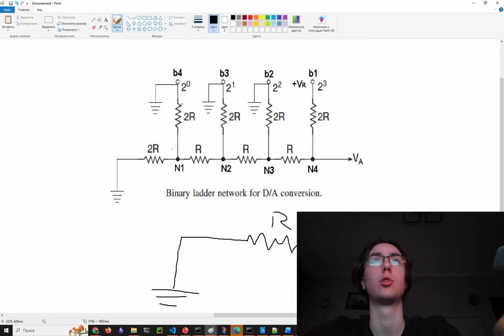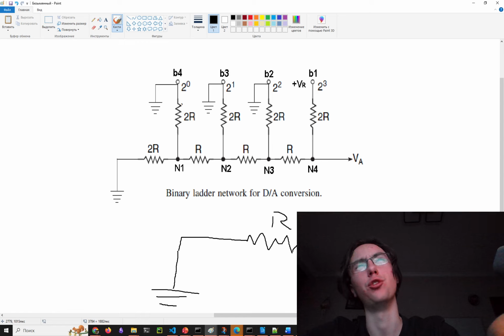Or no, we get the R here, basically another R. Well, no, there actually should probably be two resistors here. So another one is here in N4.